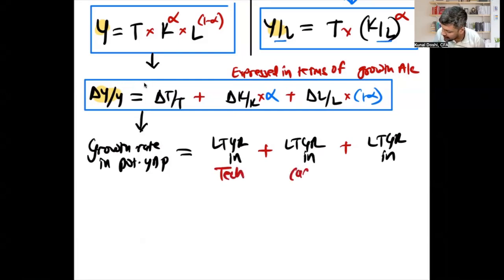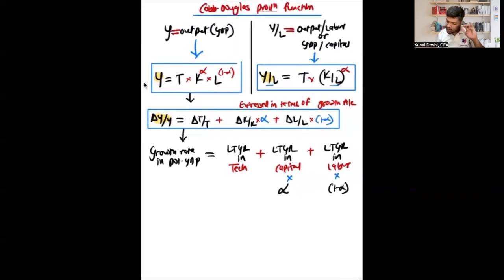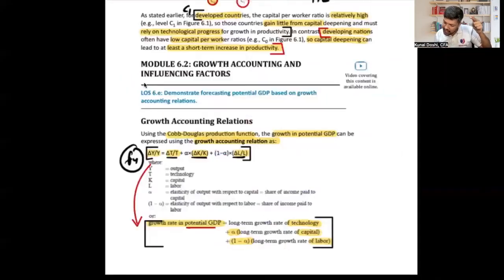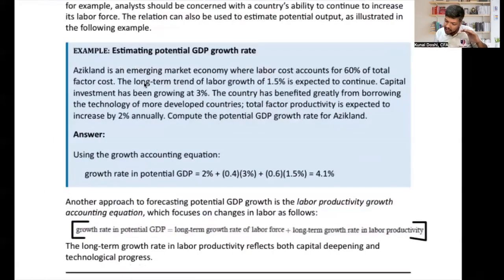This is long-term growth rate in capital. This is long-term growth rate in labor. But capital and labor come with their share. So I will multiply both of these with alpha and 1 minus alpha. Understood this? Correct. So growth in potential GDP is long-term growth rate of technology, growth rate of capital, and growth rate of labor. Understood?